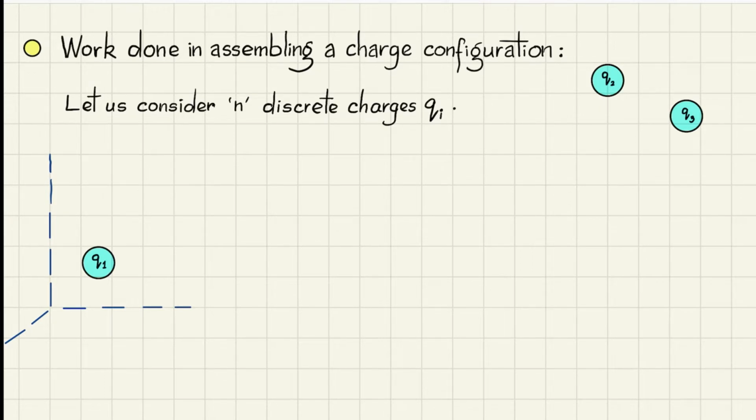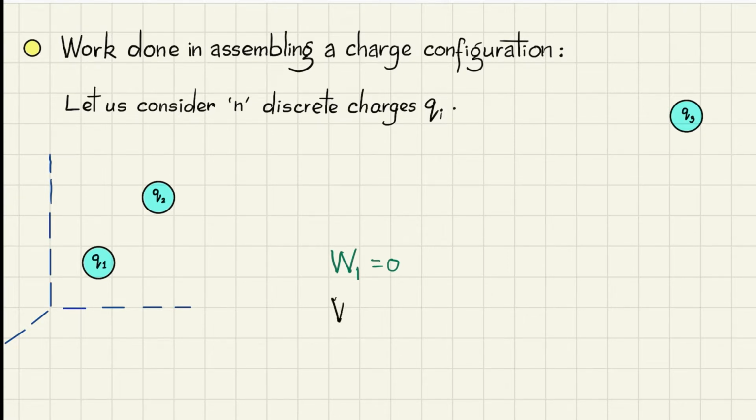In doing this, I had to do no work, because W1 was equal to 0. Why? Because there was no field. Basically, it was free for me to just bring it from infinity to there. Now let me bring the second charge, that is Q2, to its appointed place. Suppose the appointed place is somewhere here. Okay, I do it there. So that will be my W2.